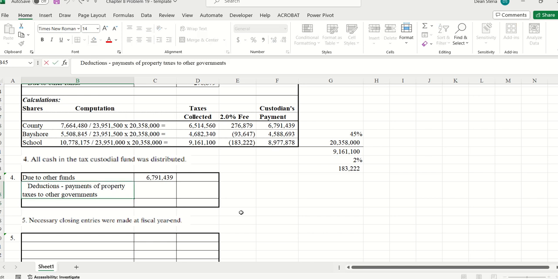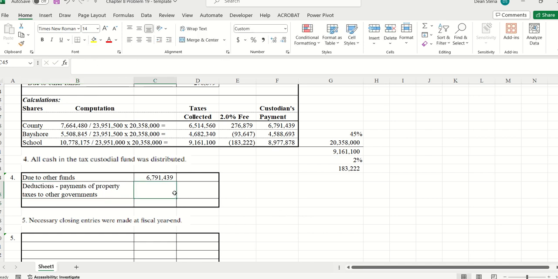And that's actually a debit, sorry about that. And the amount that's going to go in here is the 13,566,571, which is the total of these two right here.